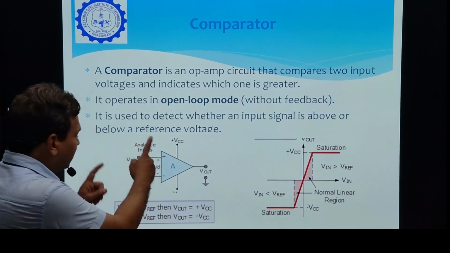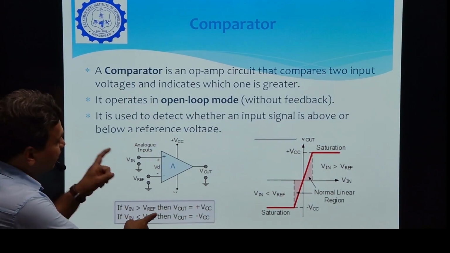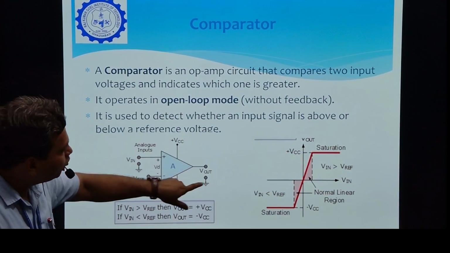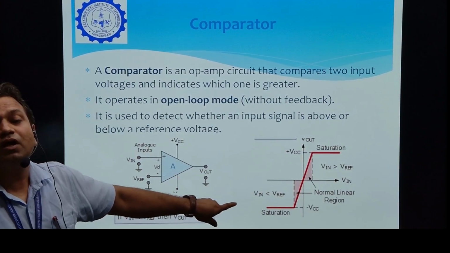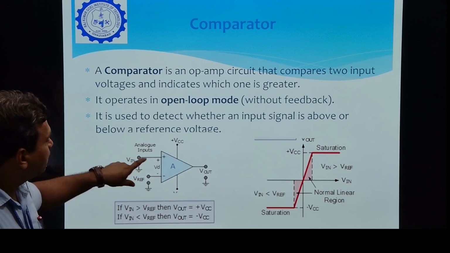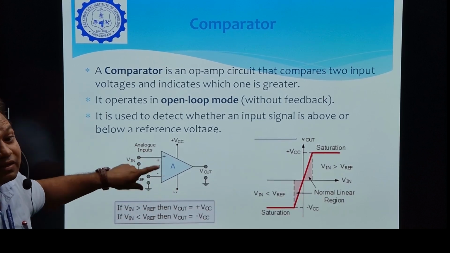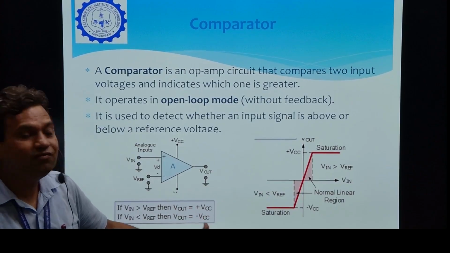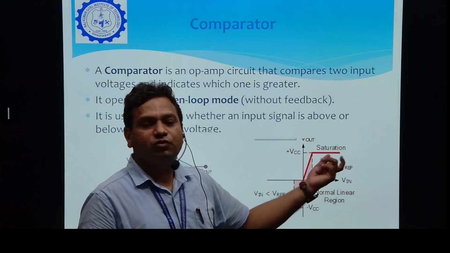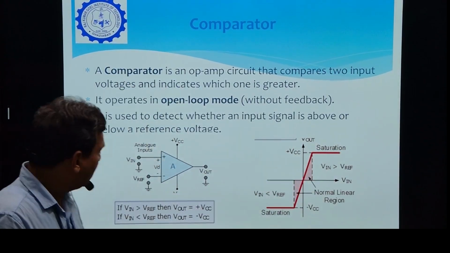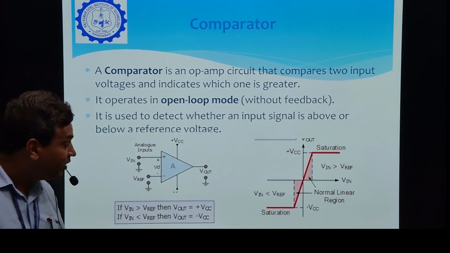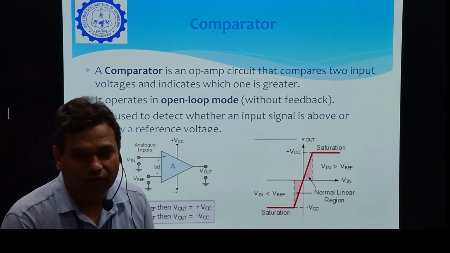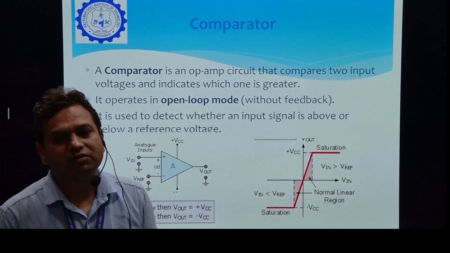On the basis of the comparison, if V in is greater than the reference voltage, then the output is at positive saturation, because the potential at the positive terminal is higher than the potential at the negative terminal, which makes the output positive, and the positive level is positive saturation, equal to plus VCC. If V in is less than V reference, then the output is equal to the negative saturation level. That is the voltage comparator.